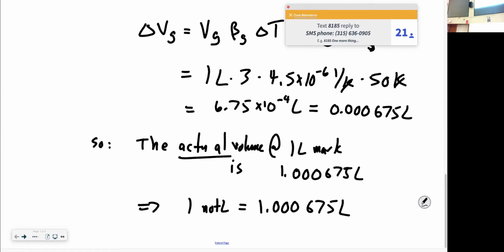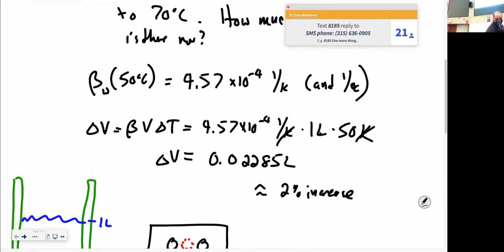And my problem is, what will the new, expanded water read on the expanded beaker? Well, all I really need to do is figure out what the volume of my water is in not liters. And that will be what it reads on the new beaker, because the new beaker is reading in not liters instead of liters. So all I need to do now is convert. I already know how much actual volume there is for my water. That's this, 1.02285 liters.